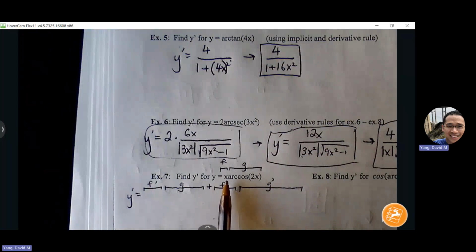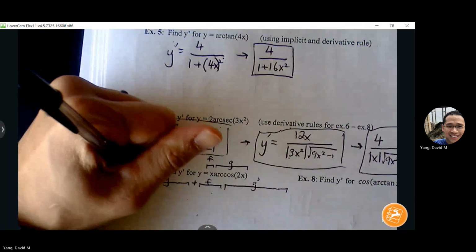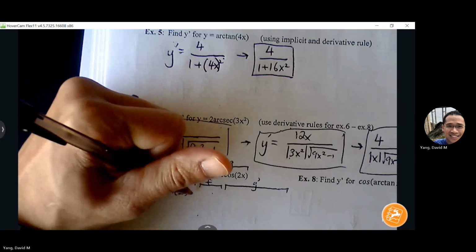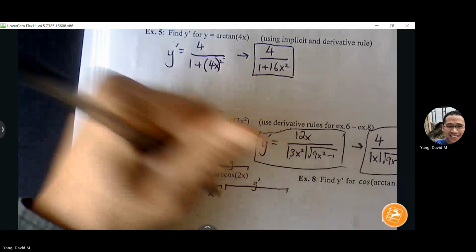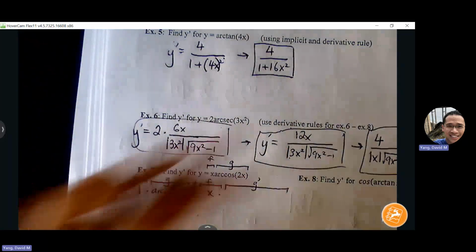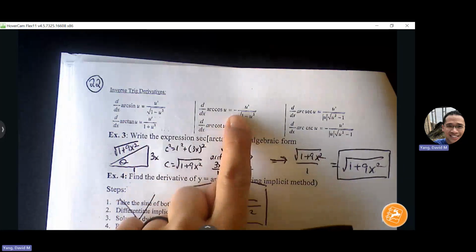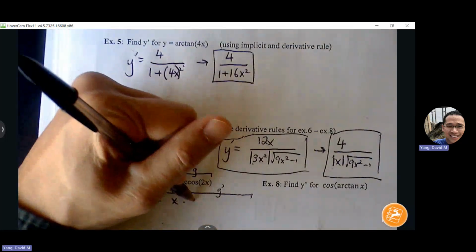Okay, x becomes back to f. Arc cosine of 2x looks a lot like arc sine. We just have to make sure we keep track of a negative in front. So times negative what?